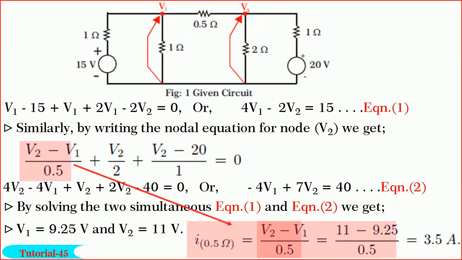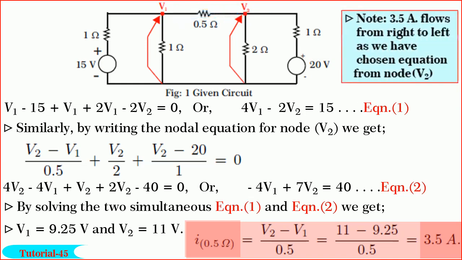Now, using the equation for node V2, we have current in 0.5 ohm resistance equal to (V2 minus V1) divided by 0.5. By substituting the values for V1 and V2, we get current in 0.5 ohm resistance equal to 3.5 amperes flowing from right to left.